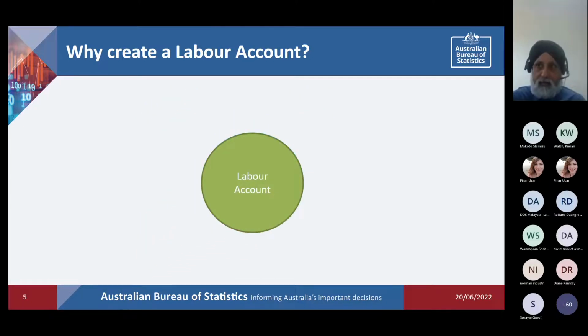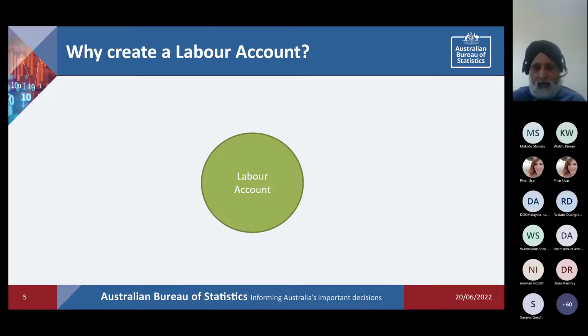The labor account framework draws on the various strengths of the various data sources as inputs. As mentioned by Kieran, the result is an internally consistent set of balanced labor market information, which is conceptually aligned with the national accounts, as well as providing a coherent picture of the labor market. Using the labor account hours worked series as an input into the national accounts has also led to improved estimates, such as GDP per hour worked or unit cost of labor.